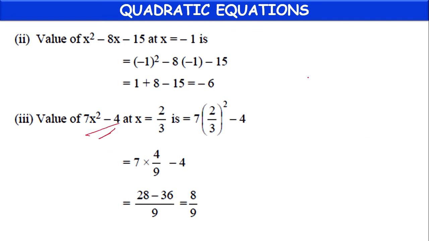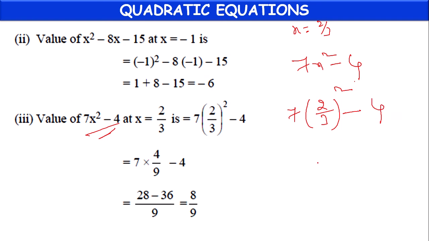Or we have to find the value of the polynomial 7x square minus 4 at x equal to 2 by 3. 7 into, in the place of x, 2 by 3 whole square, minus 4. 2 square means 4, 3 square means 9, minus 4. 7 into 4 is 28 by 9 minus 4.